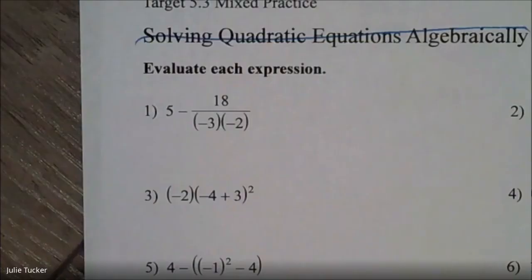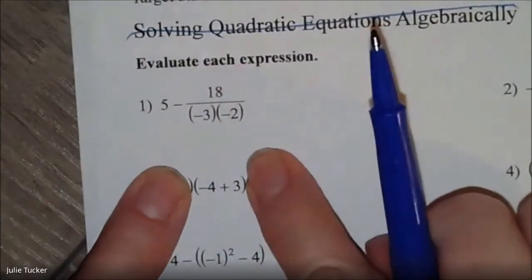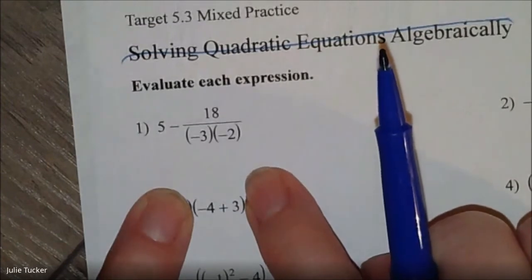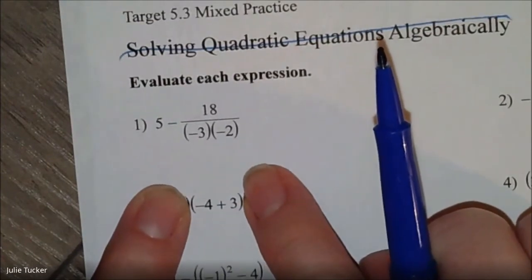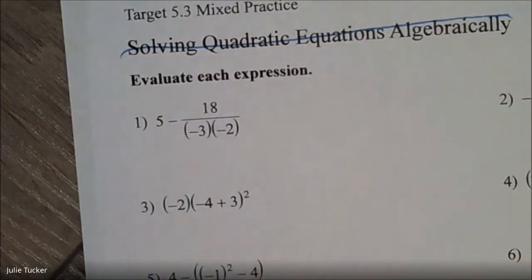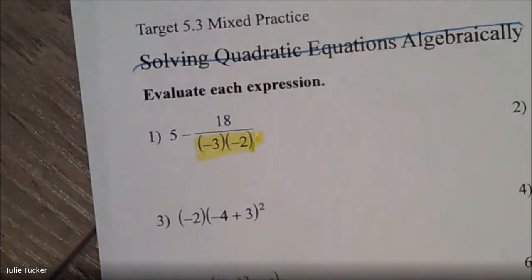So basically the way that works is, let's look at number 3. We're not going to work number 3 right now, but you see how number 3 has a problem inside of the parentheses, right? That's what that P means. Work it out if you can work a section of the problem. So we're going to work this section because it's not finished yet.